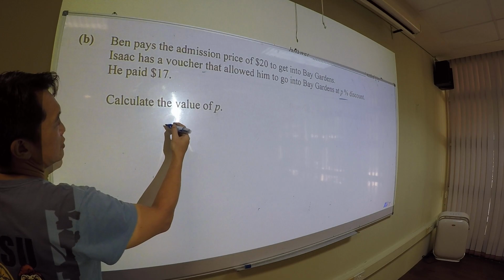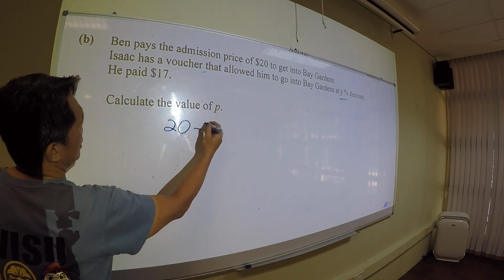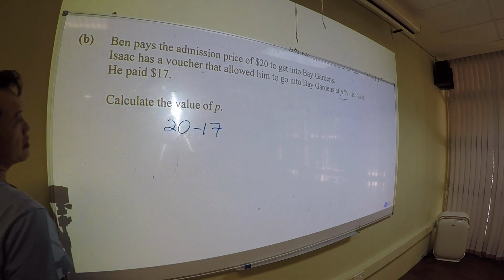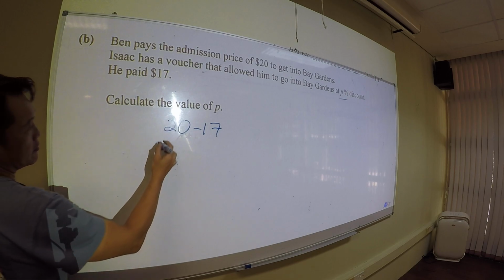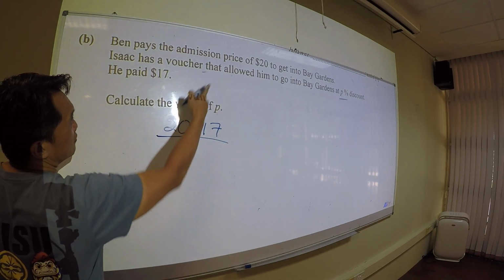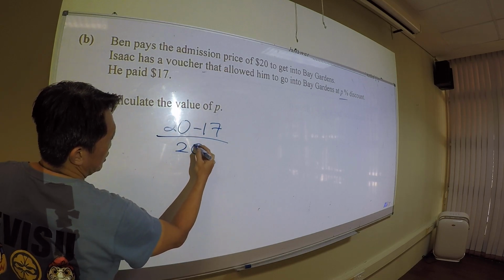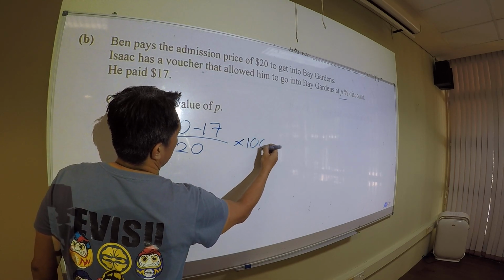So he paid cheaper. He paid 20 minus 17, $3 cheaper. So $3 cheaper out of the original price 20. Then we want to find it in percentage, so just multiply 100%.